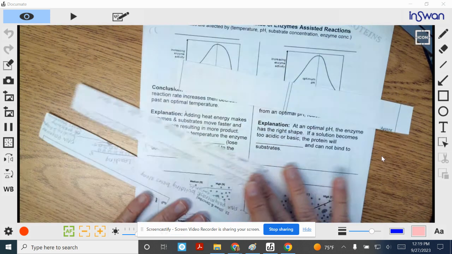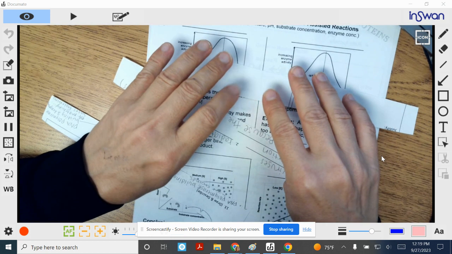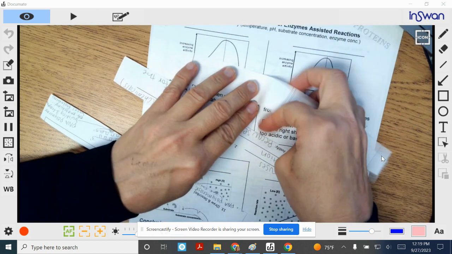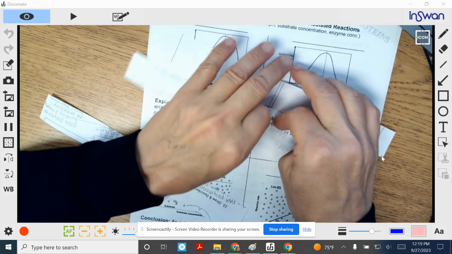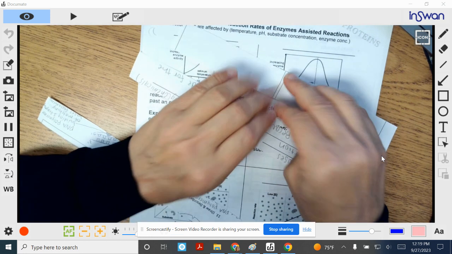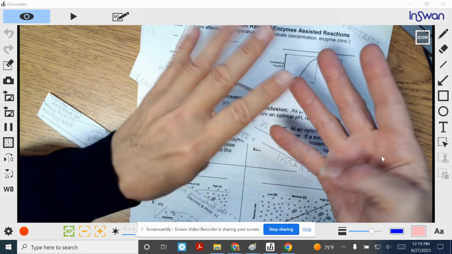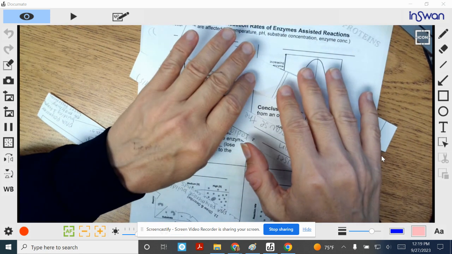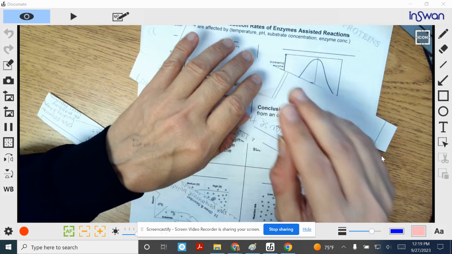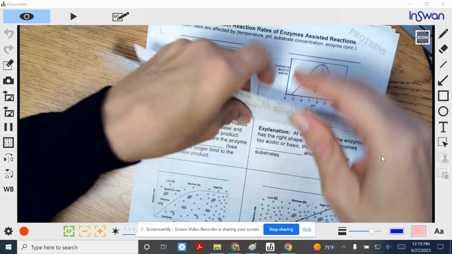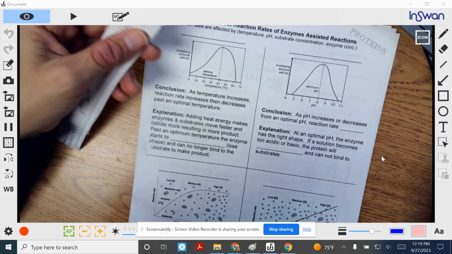So now that my enzyme has had a shape change, it's been denatured, let's see what would happen to reaction rate. Well, obviously, I'm going to have a more difficult time picking up my substrate, binding to it, and catalyzing the reaction if my enzyme is a different shape. Or imagine if I put gloves on. My hands are a different shape. It's definitely going to slow down my ability to tear this paper, or create a product.